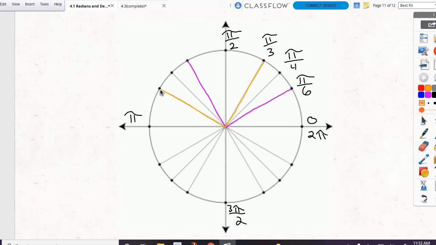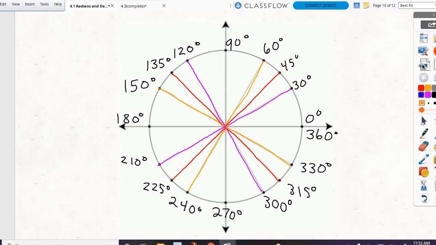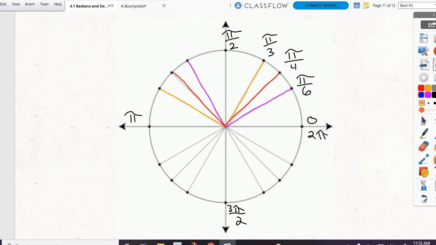So how did I go from the stuff in my first quadrant to the stuff in my second quadrant for the last one? We added 90. Well, what's the equivalent of 90 in radians? Pi over 2.